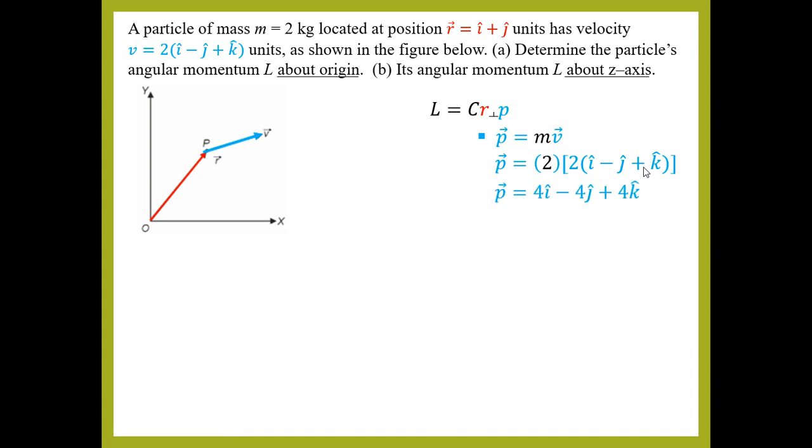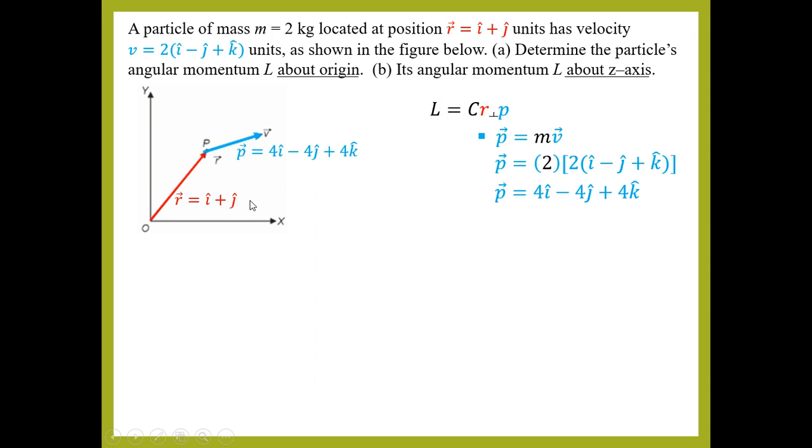So there is your linear momentum vector, 4i minus 4j plus 4k. Then I'll put these two vectors over in the diagram to help you visualize. Here we have r, i and j, there's no k, but for linear momentum, we have i, j, and k.